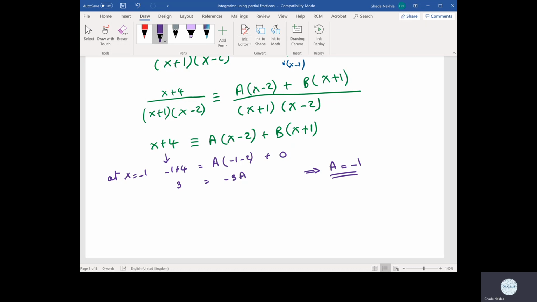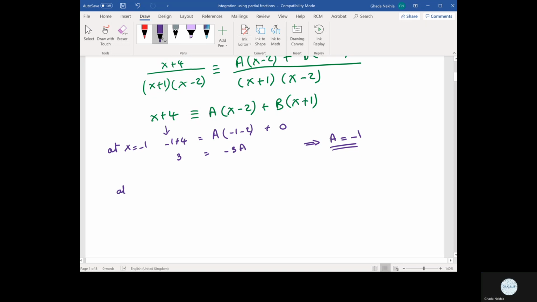Now, what makes this bracket equal to 0? What is the value of x that will make that bracket equal to 0? If x is 2, this bracket will become 0 because it will be 2 minus 2. So let's try this.